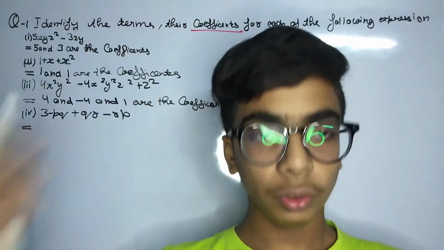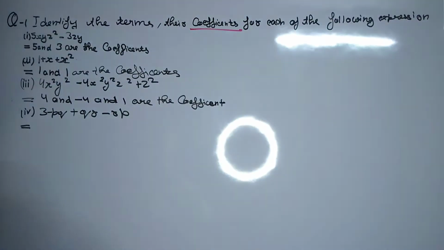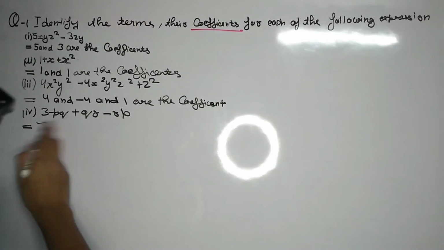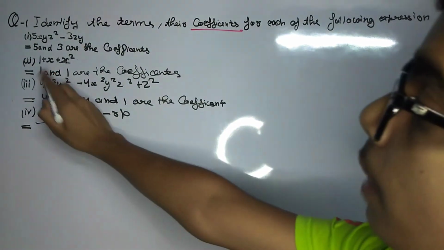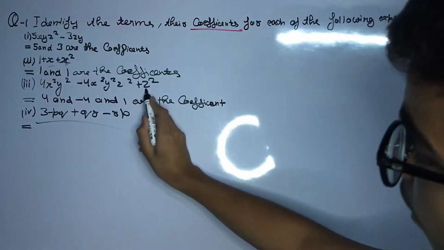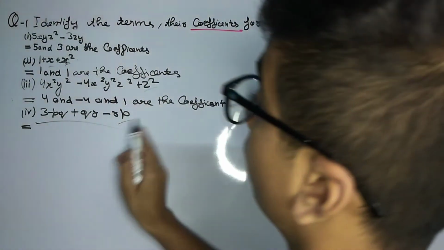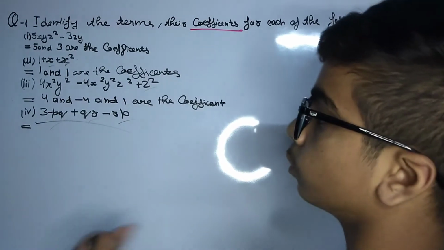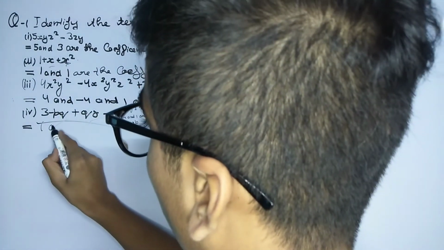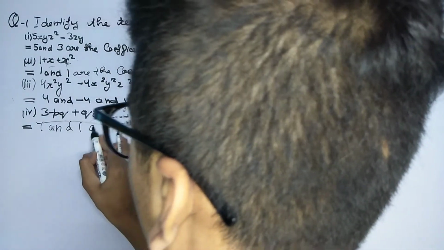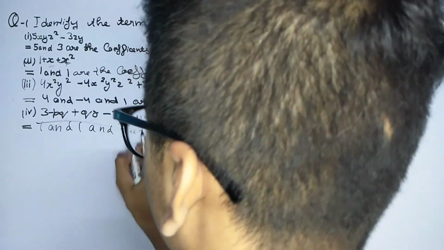Now comes the fourth part. So let's start. Again we got 4 terms. The concept we applied right here, here and here will apply here, here and here. After applying this concept, we will get 1 and 1 and minus 1.